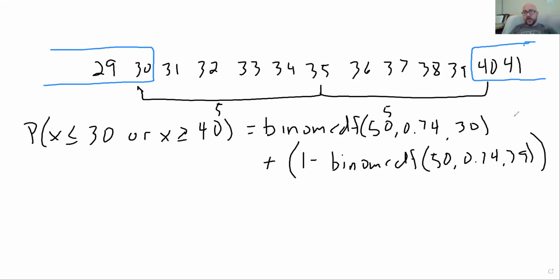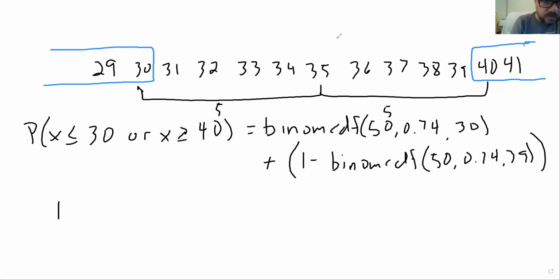Now, you might notice that I said we could just use the complement rule and do 1 minus that thing we just did, which we totally can, right? And it actually is the same thing. Because what we did in the previous part was we did CDF of 39 minus CDF of 30, right? So we could do 1 minus that.